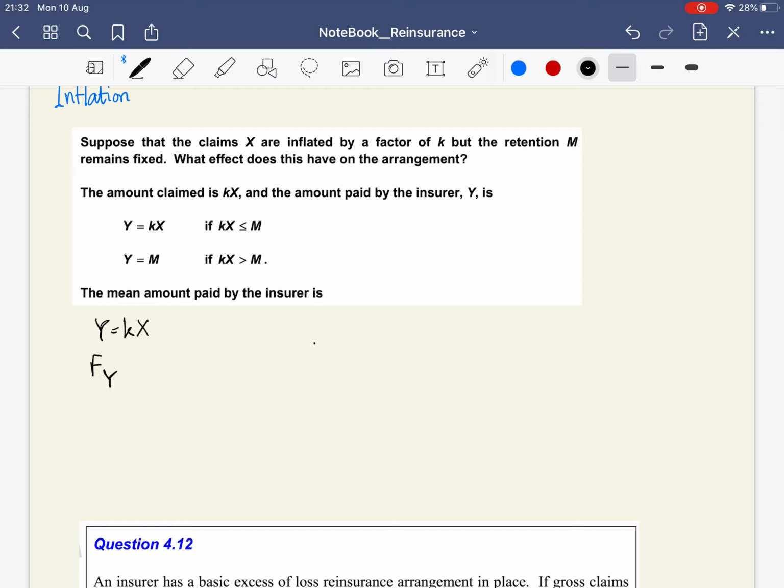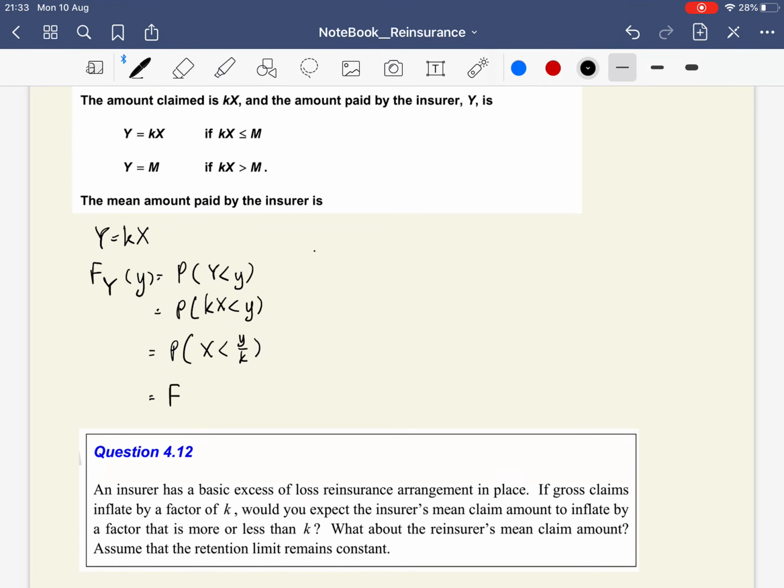The distribution function of y is just the probability that Y will be less than y, and this is the probability that kx is less than y, which is equal to the probability that x is less than y over k.